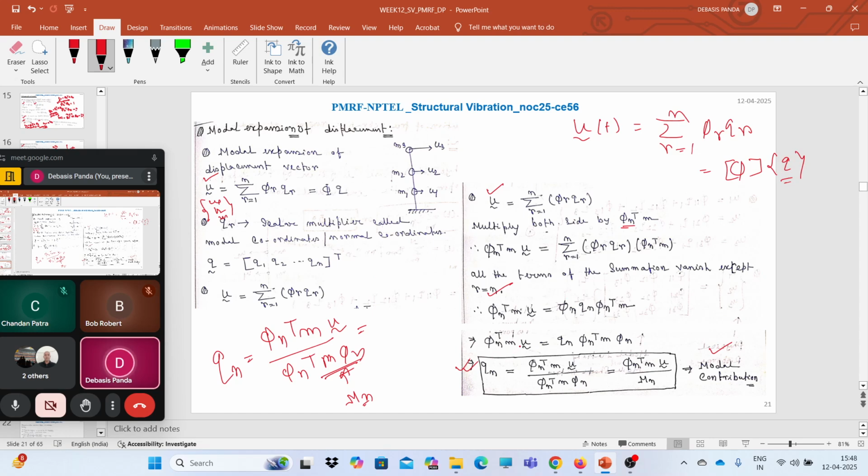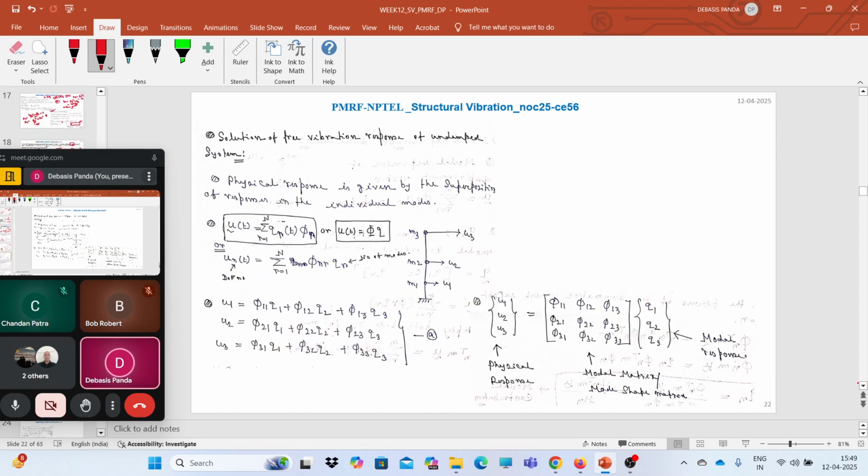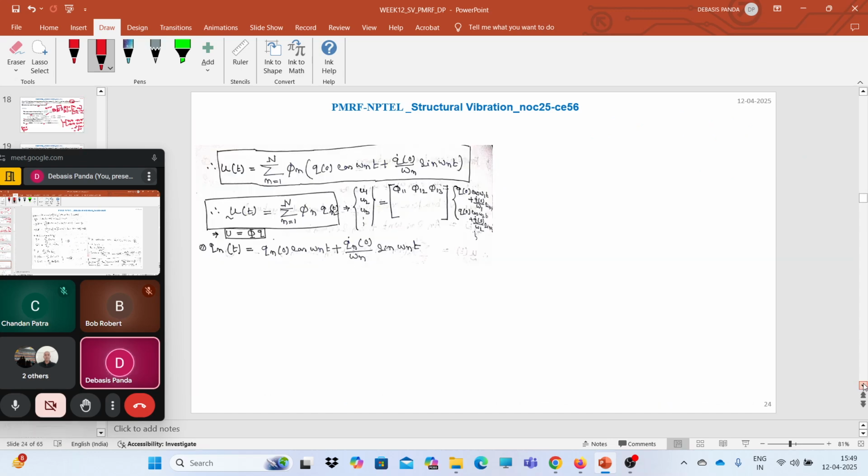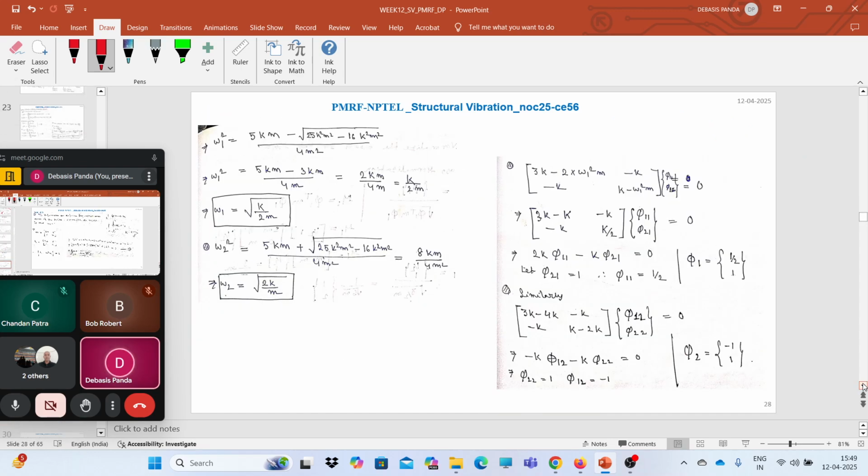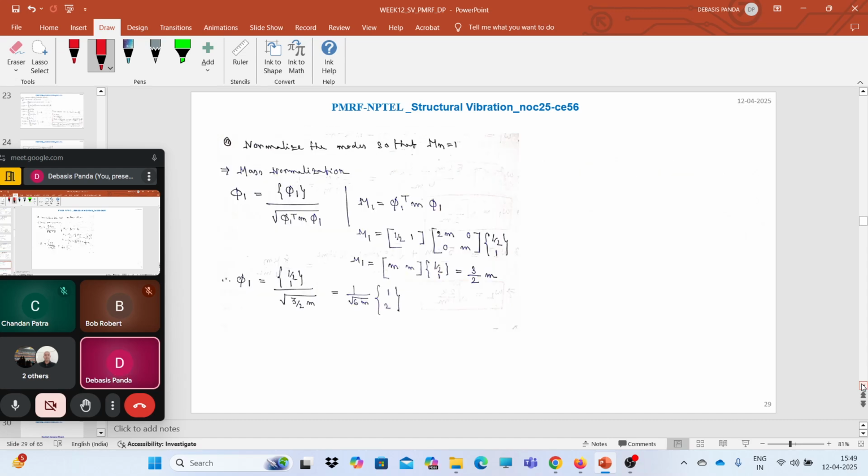Obviously, one or two questions will come asking for the modal contribution. The mode shape will be given, the mass matrix will be given, and you just need to find it out. Here u is the initial displacement or initial condition, so that u vector will contain u1 at time zero and so on. This is a very important thing to recall. We will solve a few problems related to this later on.